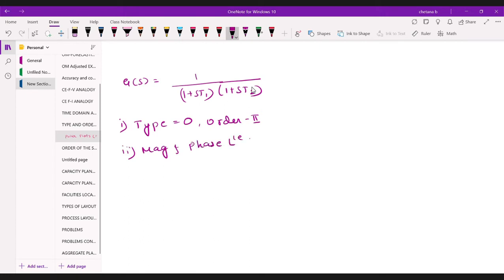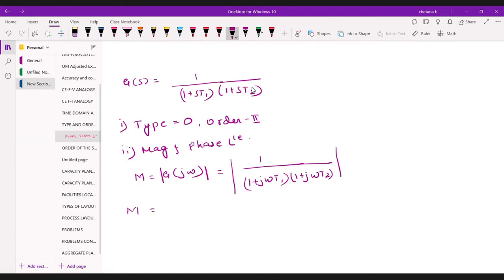Okay, so magnitude is G of j omega, that is replace the s by j omega. So modulus of G of j omega, which is equal to 1 divided by 1 plus j omega T1 into 1 plus j omega T2. So mod of this. Okay, next.